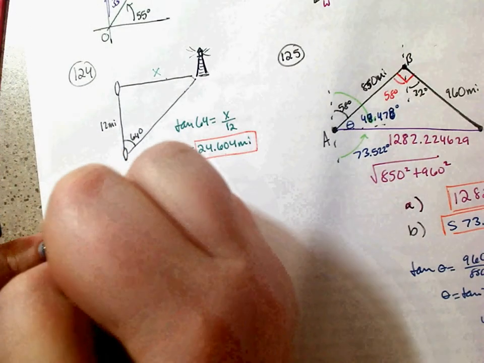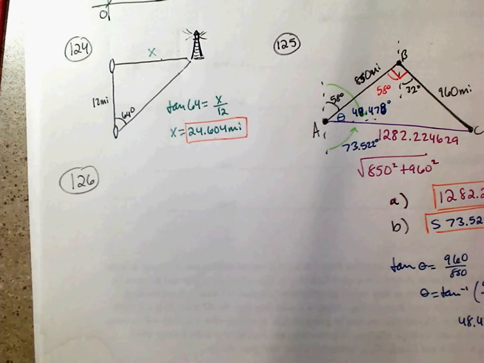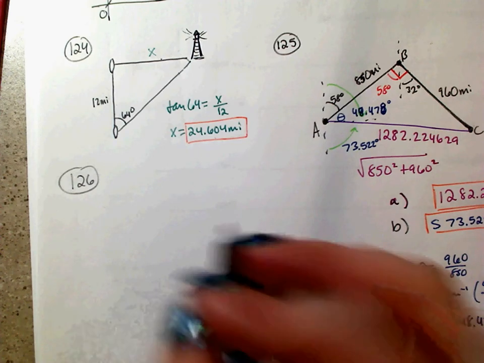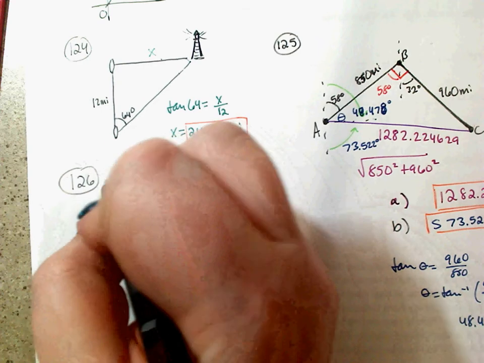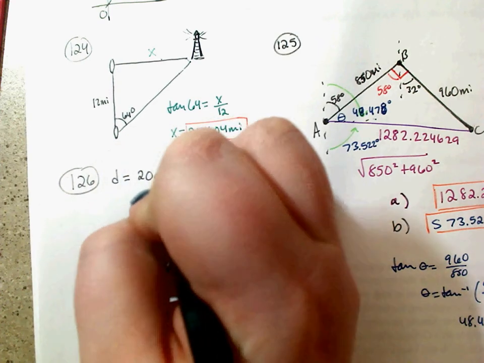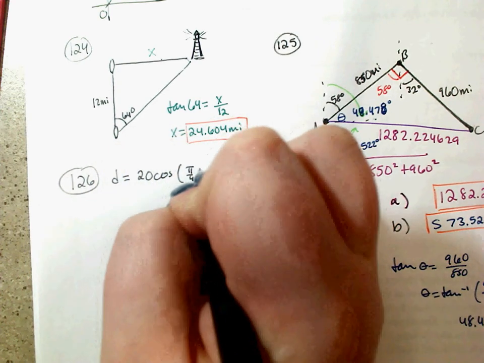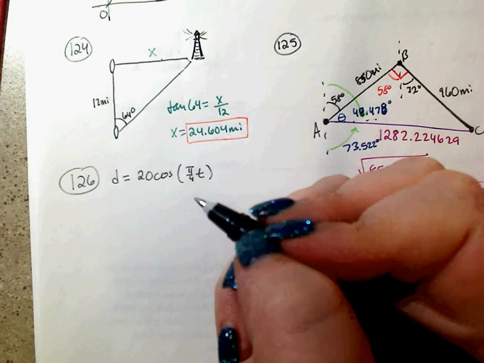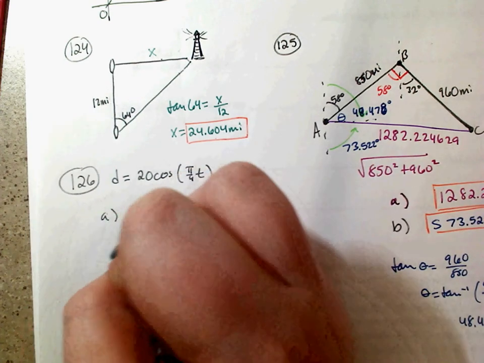Alright. Okay. So, 126, it says d equals 20 cosine of pi over 4t. The maximum displacement is just the amplitude, so that's 20. I'm going to find c first. The time required for one cycle is the period.